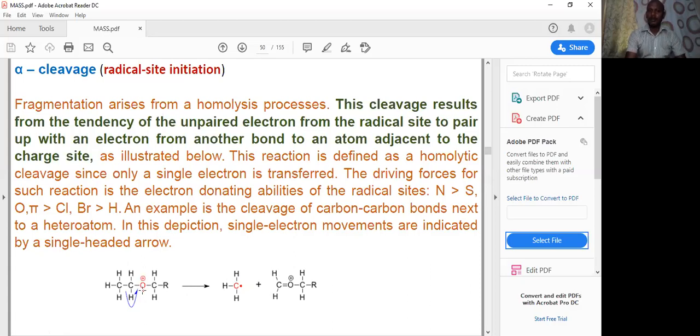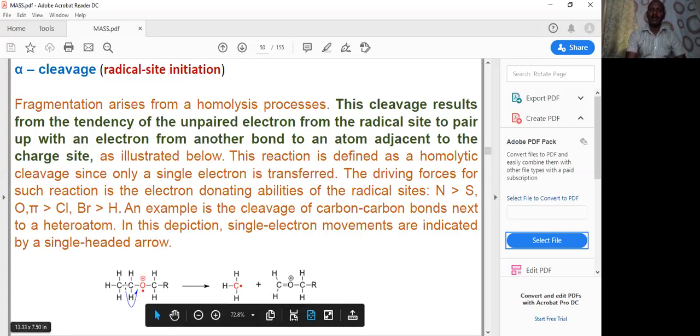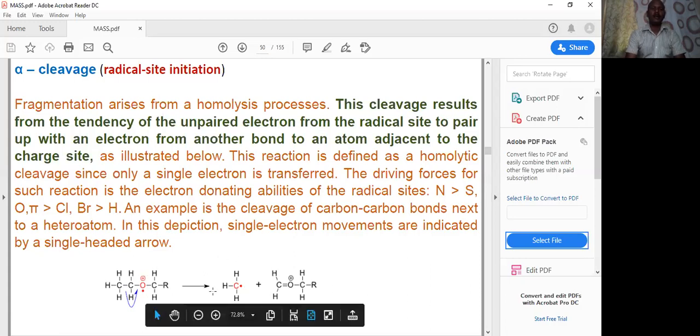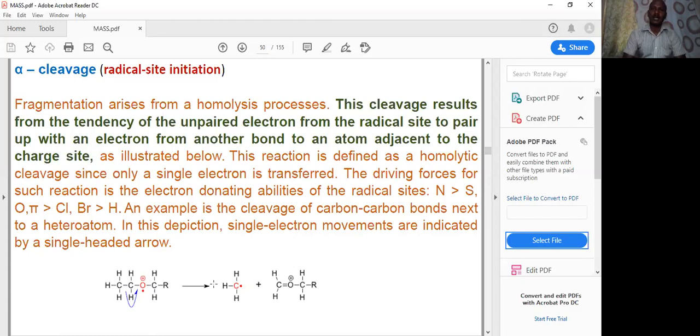How does it try to pair up? By drawing one of the electrons from adjacent atoms. This drawing is happening because a heteroatom, the electronegative atom oxygen, is present. That's why we call it a radical site initiation. You got here alpha cleavage. Alpha cleavage is also called a radical site initiation reaction.